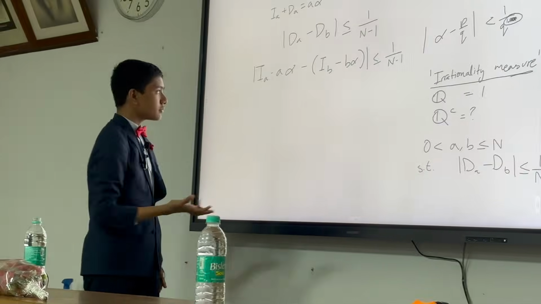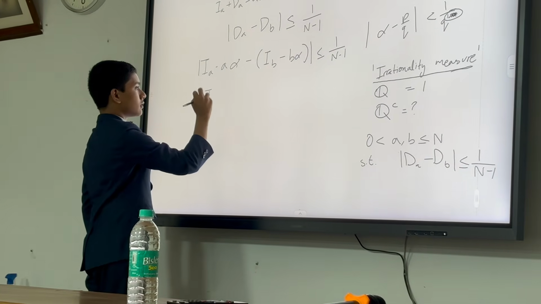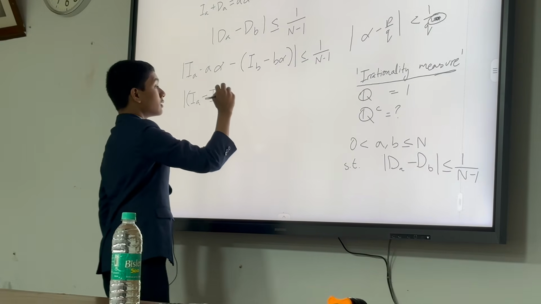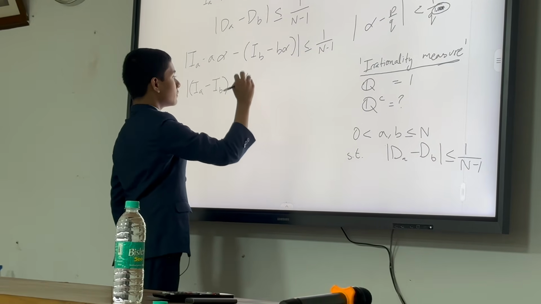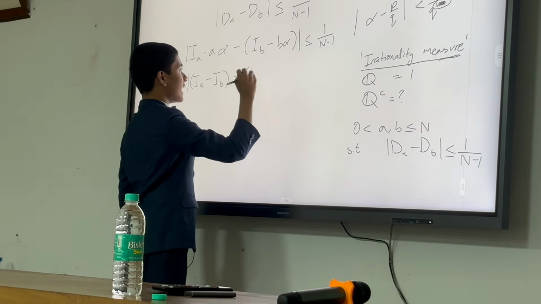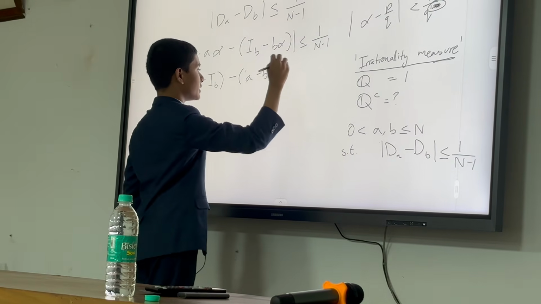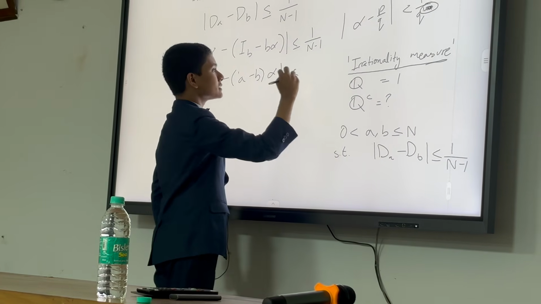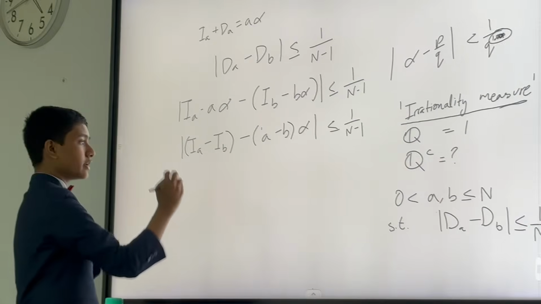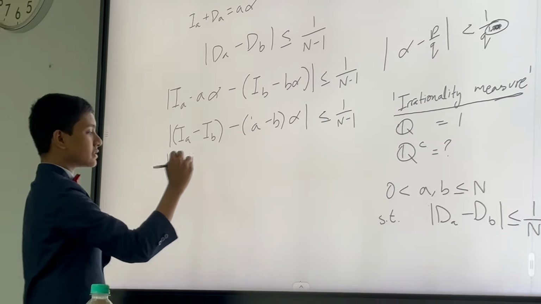And then what we get from here is that IA minus IB minus A minus B alpha, I really don't want to make a sign error here, is less than or equal to 1 over n minus 1. Since there's an absolute value here, I'm going to justify switching the signs.